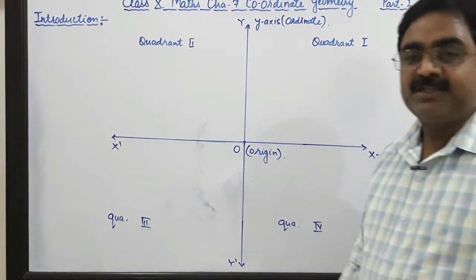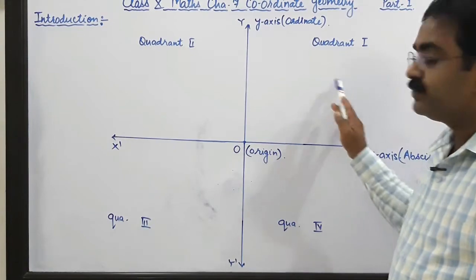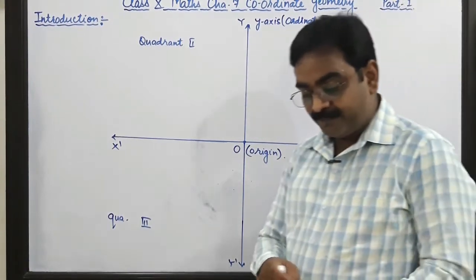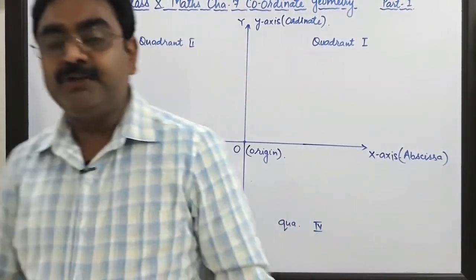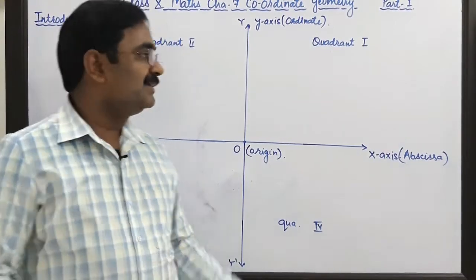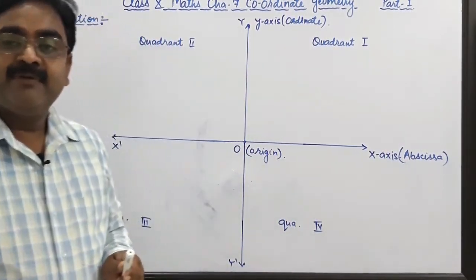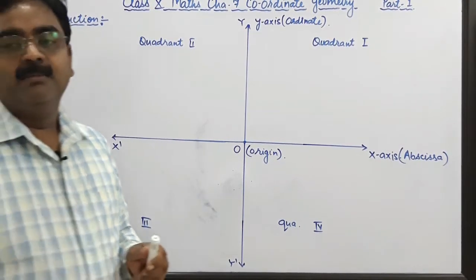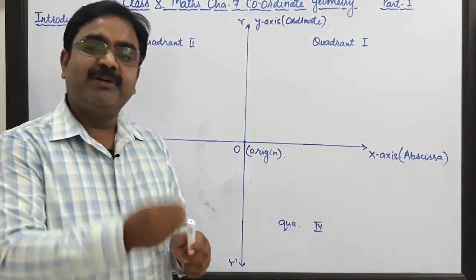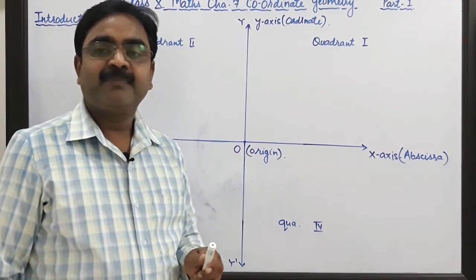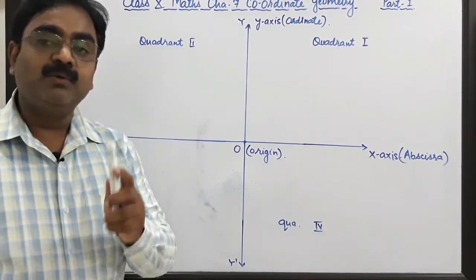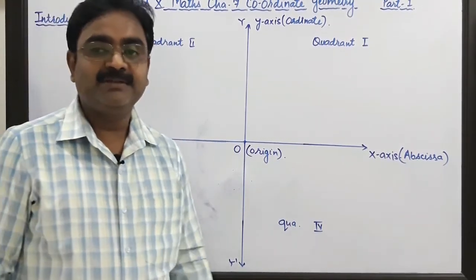Now let us understand the sign of each quadrant. To locate a point in these quadrants, we should have an ordered pair of numbers, and those ordered pair numbers are called the coordinates of a point.